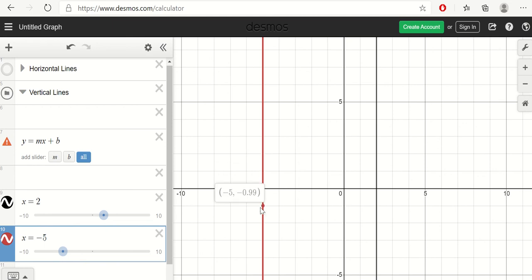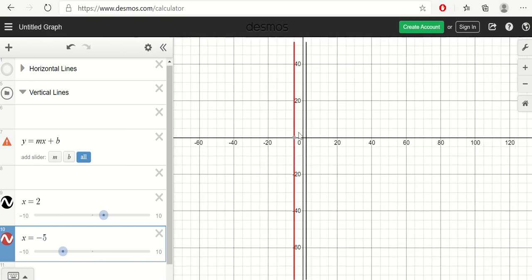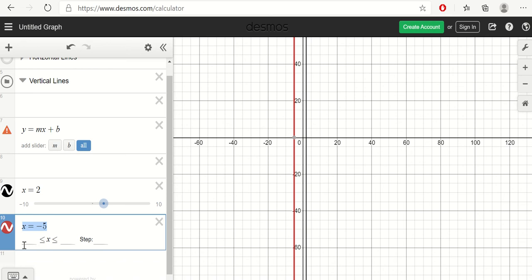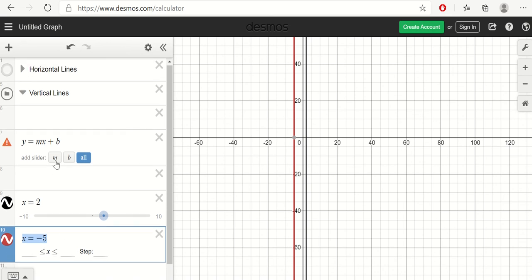Negative 5. If you're at a y value of negative 2, what's the x value? Negative 5. If you're at a y value of 40, what is your x value? Negative 5. No matter what, for this red line, you are always at an x value of negative 5. So that's how you can think about equations for vertical lines.